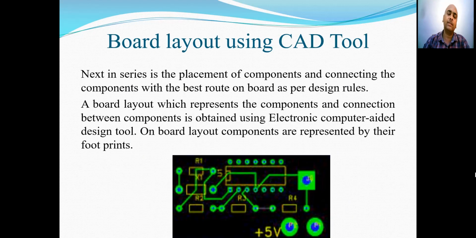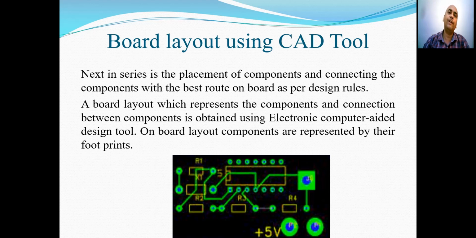The next step in PCB printing is board layout design using CAD tool. So next in the series is the placement of components and connecting the components with the best route on board as per design rules.